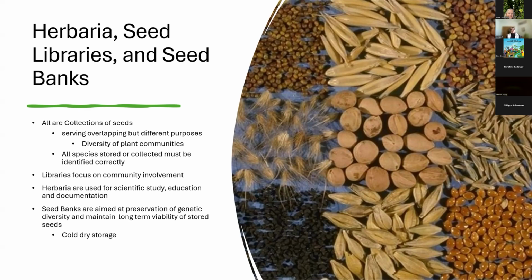And distribution of the seeds within an herbarium, that's not what their purpose is. I'm sure you can overlap some of these definitions and utilize the qualities of an herbaria in your seed library, but I wanted to focus on the strict differences.